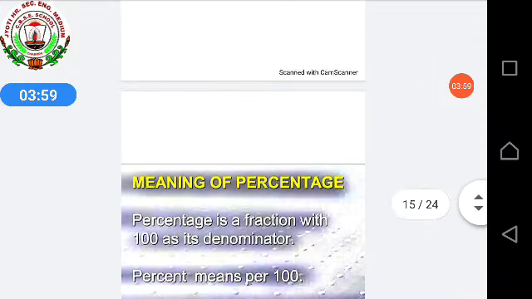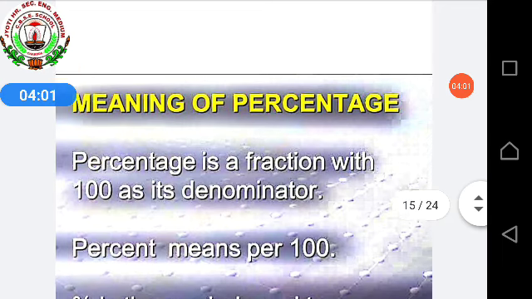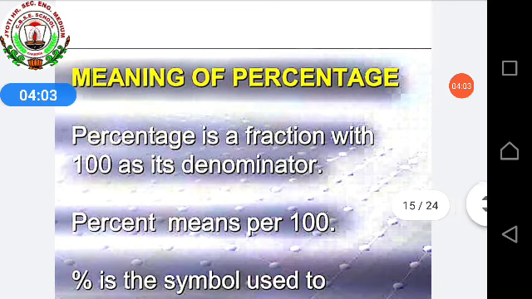Then meaning of percentage. Percentage is a fraction with 100 as its denominator. For example, when you people are getting the marks of your exams, first of all you total those marks, and then you say out of the total, how much you have got.